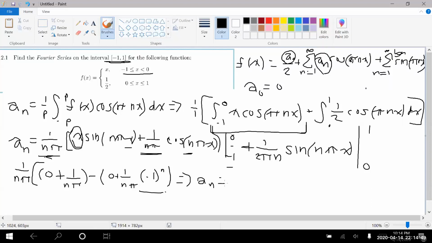Okay, so condensing this, we get that our a sub n equals 1 minus -1 raised to the n over n pi squared. And the only thing I did to combine that is I multiplied this term right here by 2 over 2, but for the lack of space, I just went ahead and condensed it.